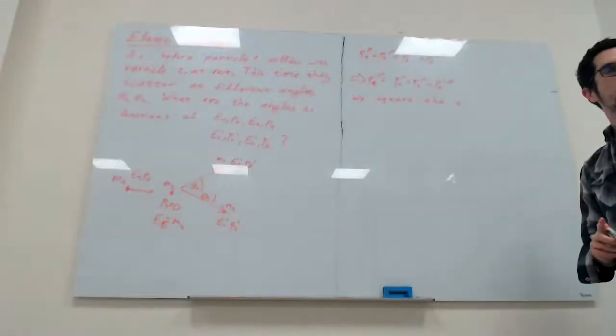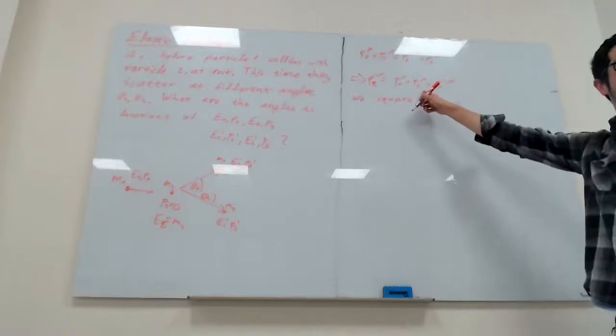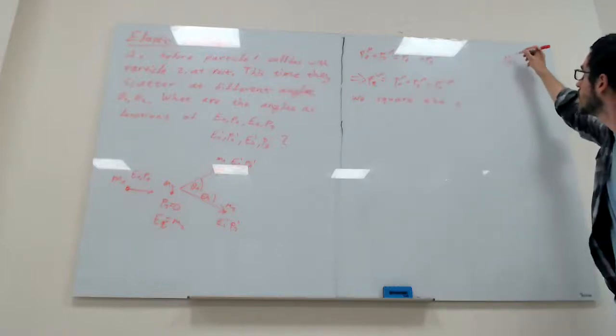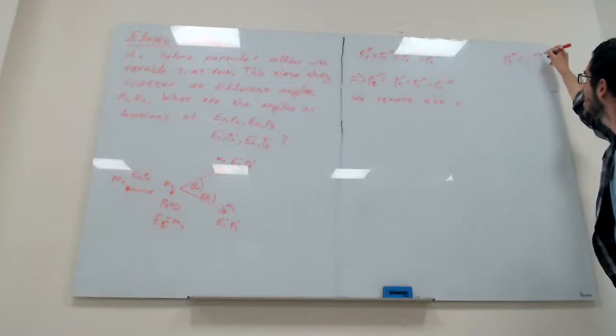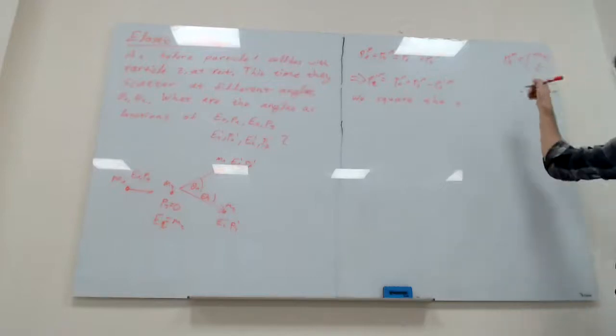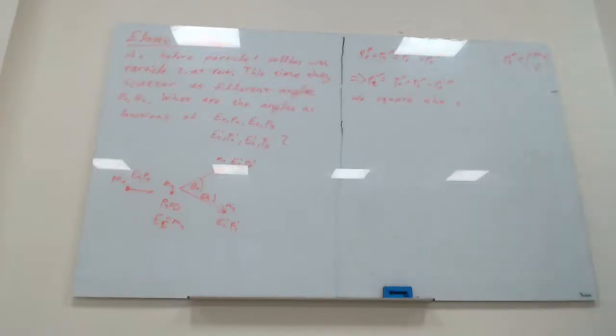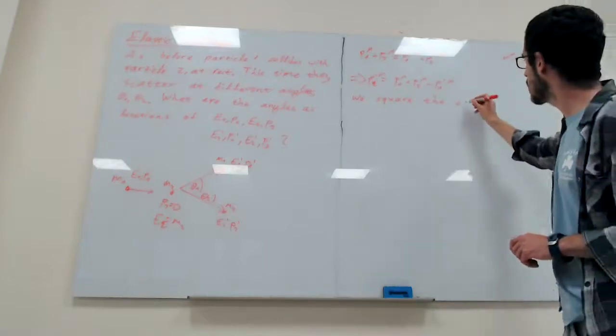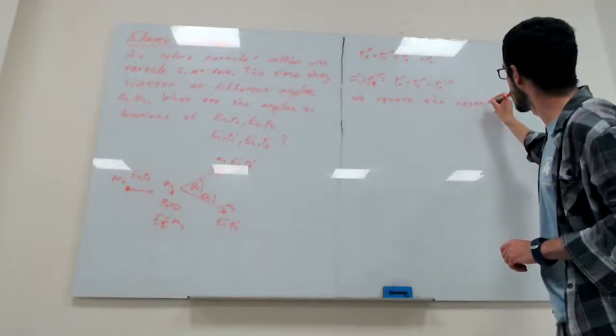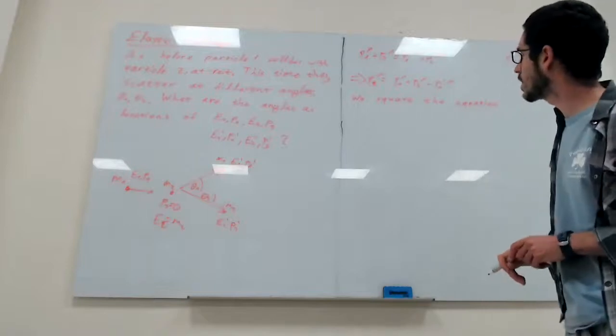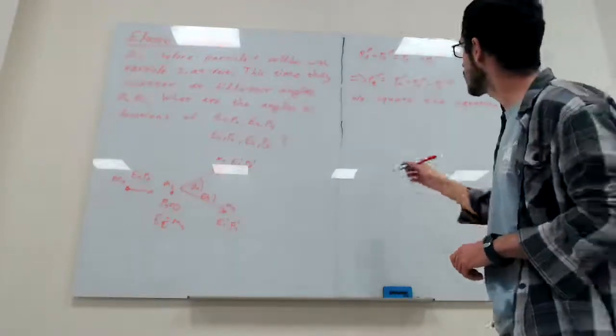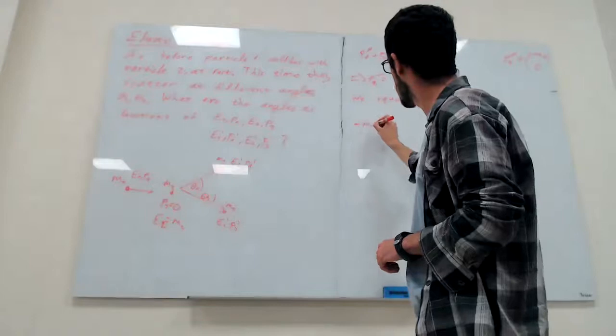It's a four momentum, so it's M2 and then three zero coordinates. And we square the equation. So we get minus M2 squared.